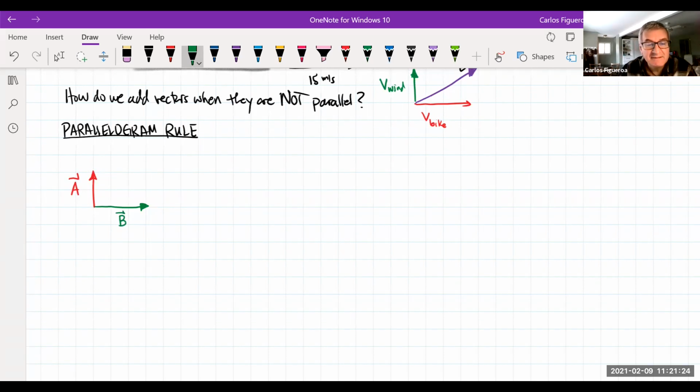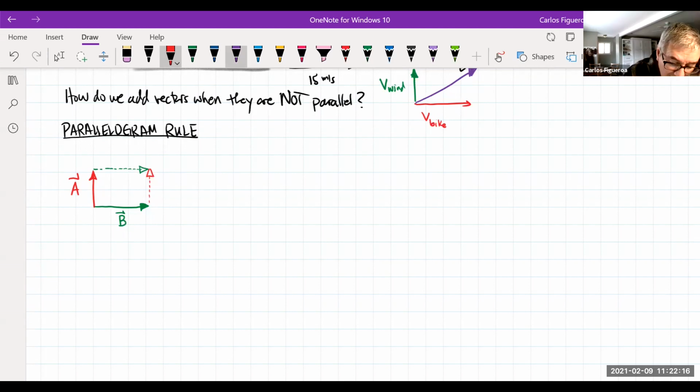So the way you can systematically do this is that you take the vector A and you take the whole vector and transport it parallel to B until the tail touches the tip of A. And then you do the exact same thing with the vector B, where you take its tail and connect it with the tip of A, so that it goes like this.